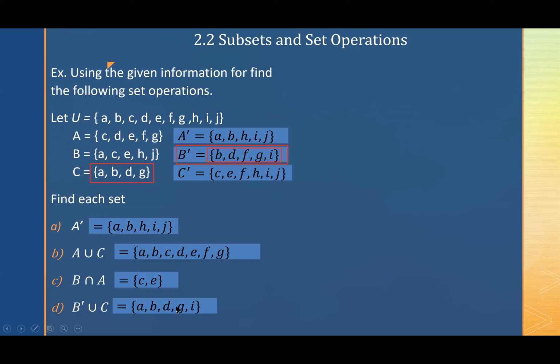There should be an F in here. Okay, so again, A, B, D, F, G, I. And if they happen to repeat, you write it one time. So make sure there's an F here in D. So A, B, D, F, G, I. All you do is take the two items and combine them together.